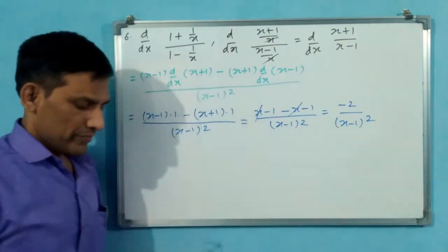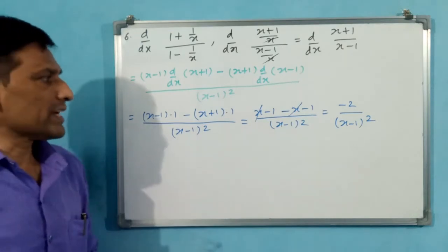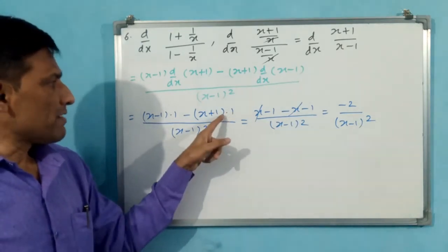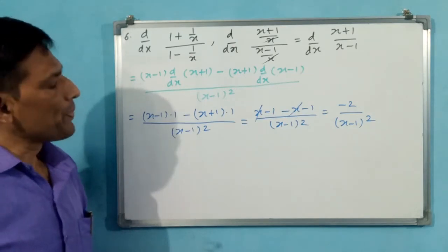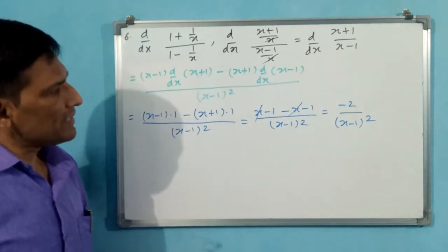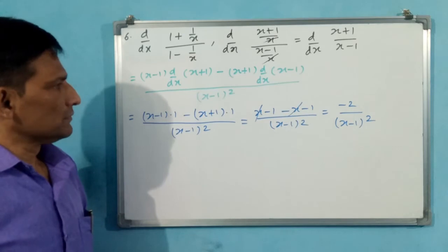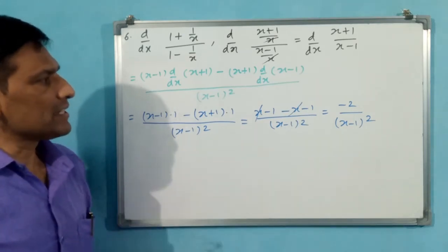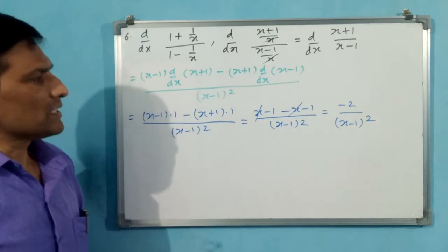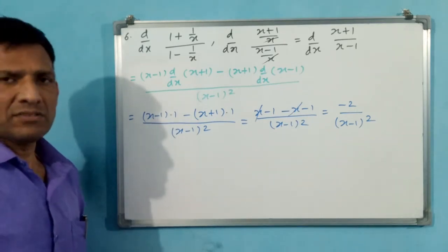Is it okay? Because you multiplied 1, afterwards only you open the bracket, like you think. Then x minus x going to get cancelled. Then your answer is minus 2 by (x minus 1) whole square. Okay? This is the 6th question.